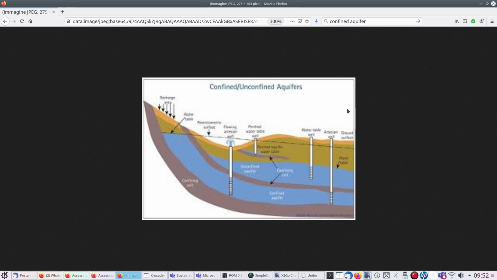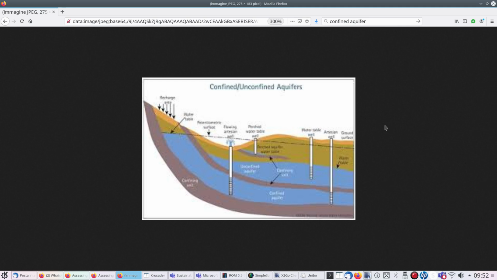It is typical when you drill a well, in a flat region like the Emilia-Romagna region, that you first find a phreatic aquifer, and then if you go down drilling, you find an impermeable layer, and you may find a confined aquifer. And then if you drill down again, you may find another impermeable layer, and then after that, you may find another confined aquifer.